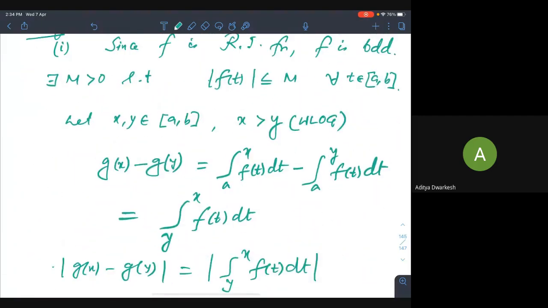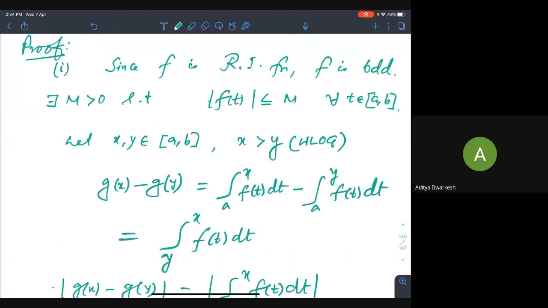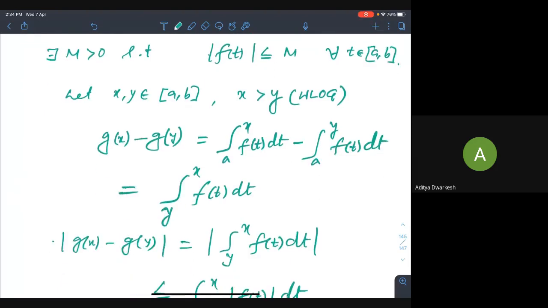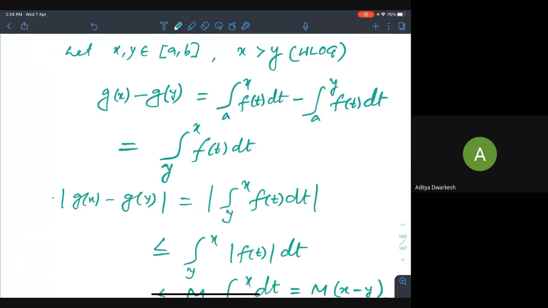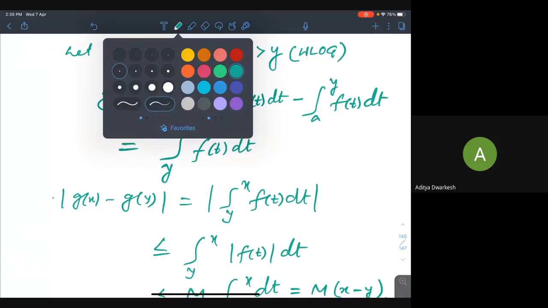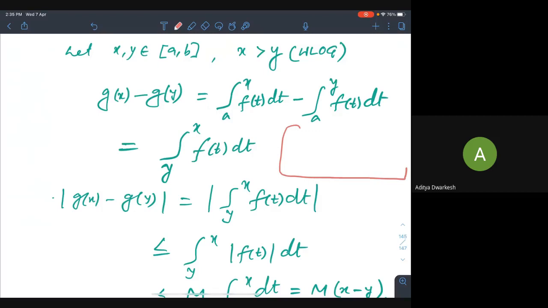What we did was we just used the definition of G and a property of how the sum becomes the sum, something like this: the integral from a to b of f(x) dx is the integral from a to c of f(x) dx plus the integral from c to b of f(x) dx, where c is a point in the interval [a, b].